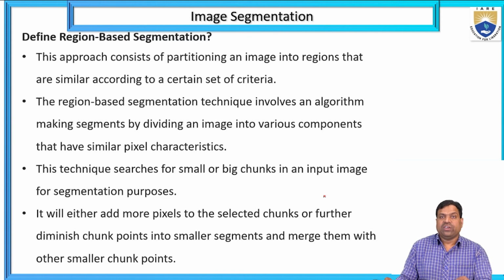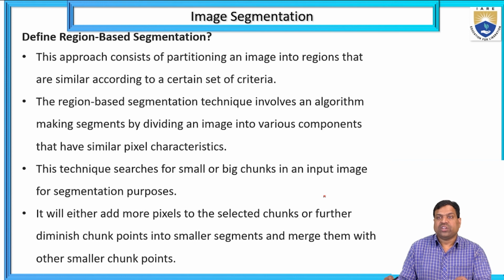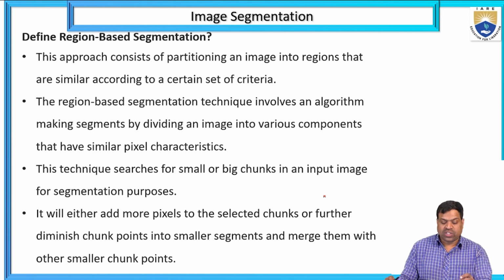Okay. Define region-based segmentation. This approach consists of partitioning an image into regions that are similar according to a certain set of criteria. The region-based segmentation technique involves an algorithm making segments by dividing an image into various components that have similar pixel characteristics. This technique searches for small or big chunks in an input image for segmentation purposes.